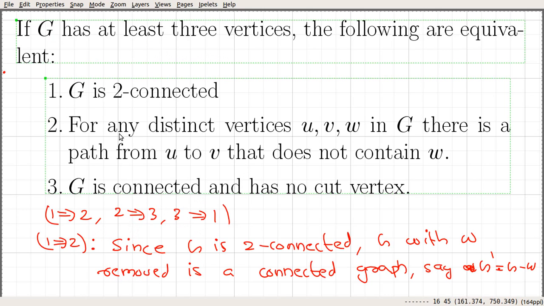So if G is 2-connected, then for any distinct vertices U, V and W in G, there is a path from U to V that does not contain W.